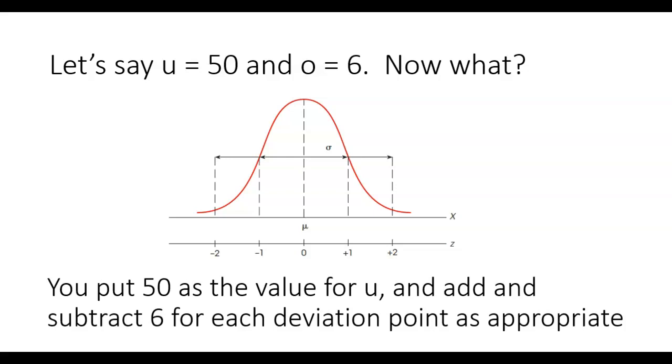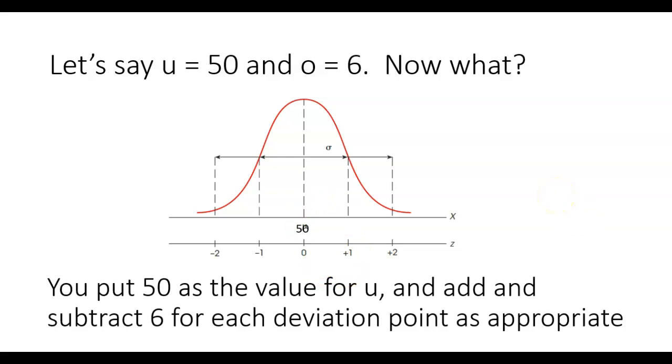So how do we do that? Well, to figure out any of these solutions, what you want to do is put the 50 where the mean is, and then use the value of 6 for every standard deviation value. So if the curve is telling you to add one standard deviation, you would add 6 to whatever value the mean is. Let's see how that might look.